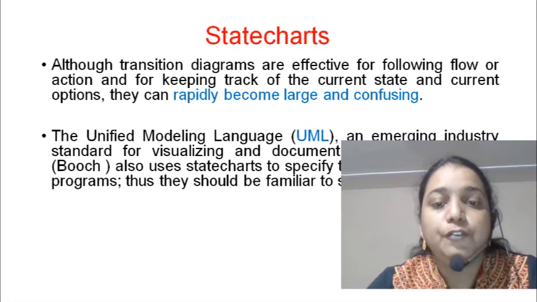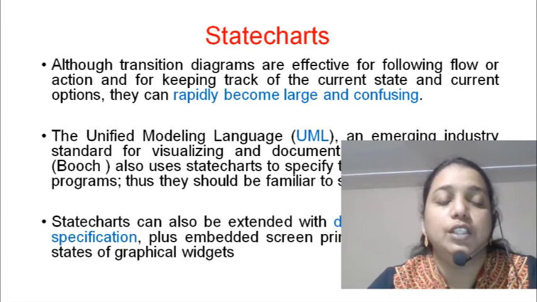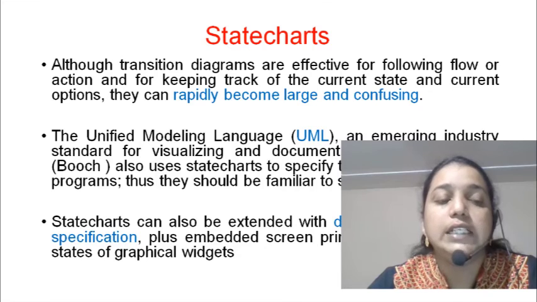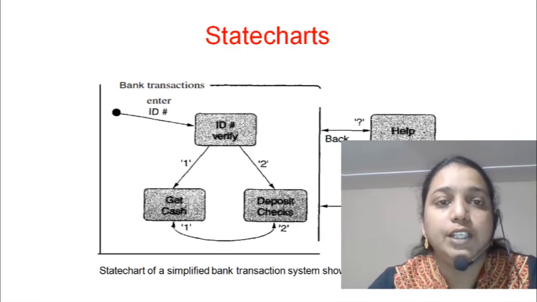Thus, they should be familiar to software engineers. State charts can also be extended with data flow and constraint specification, plus embedded screen prints to show the visible states of graphical widgets.